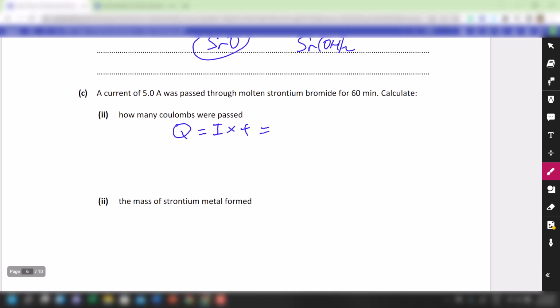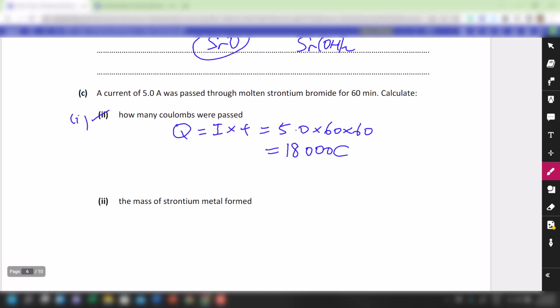We are given the current, which is 5.0, and the time of 60 minutes, and 1 minute is 60 seconds, so we multiply 60 by 60. If we punch the calculator, we get about 18,000 coulombs. So that's for part 1.